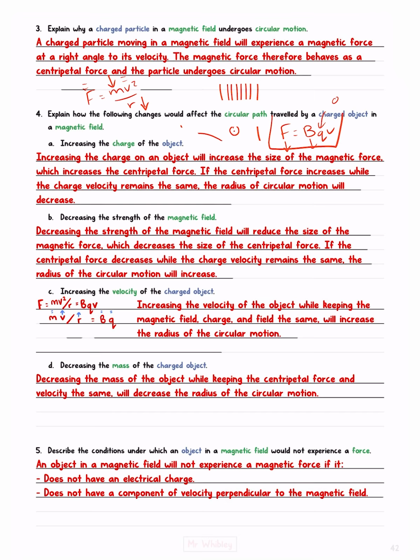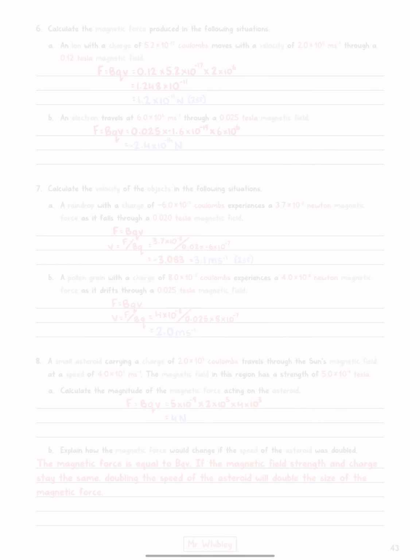Remembering that this equation here is for the case where our magnetic field and our velocity are perpendicular. For the case where they're not, we must multiply this by sine of the angle, where the angle is the angle between our B and our V, and if this is 0, then sine of the angle is 0, and our force is 0. Question 6.